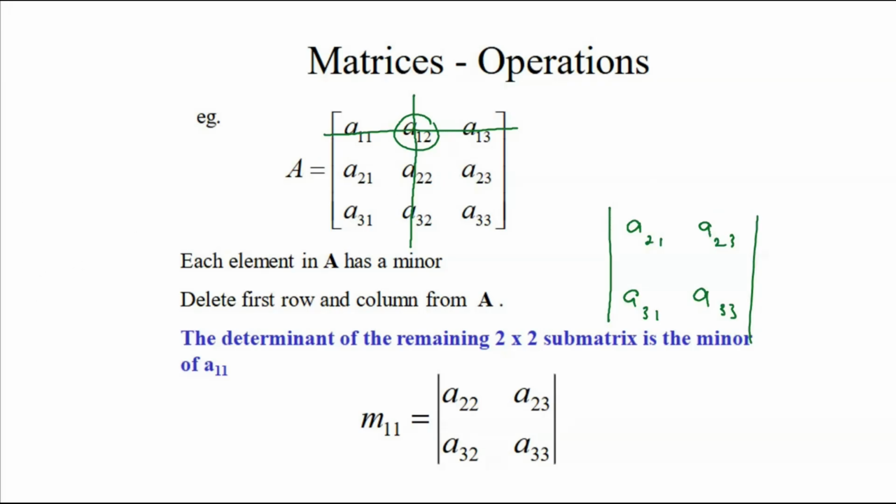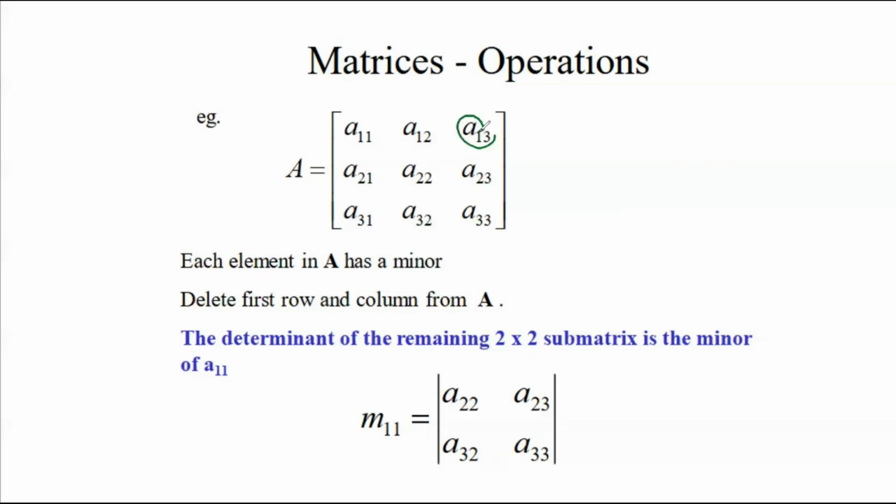And similarly, if I go to the third one, let's say this one. Okay. Draw a line through the row and the column, and this here is your submatrix that you calculate.